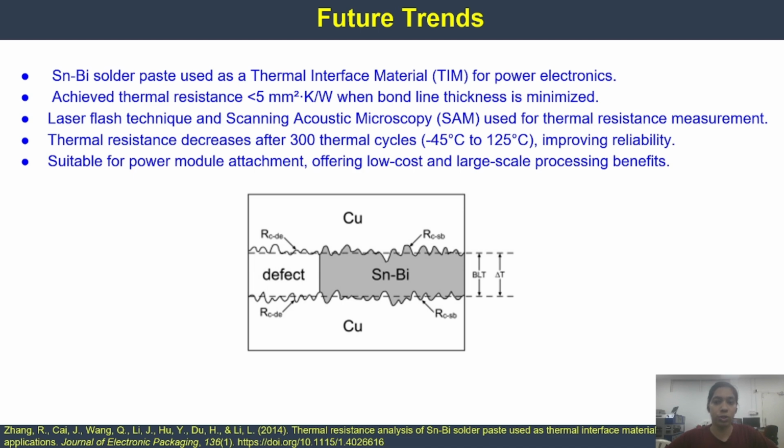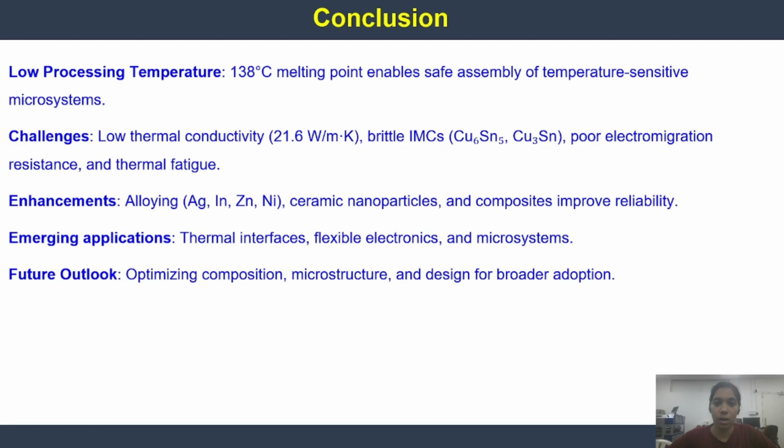To measure the thermal resistance, we have two methods: laser flash technique and scanning acoustic microscopy, SAM. Thermal resistance also decreases after 300 thermal cycles, from minus 45 degrees Celsius to 125 degrees Celsius, which improves reliability. It is also suitable for power module attachment, which offers low cost and large-scale processing benefits.